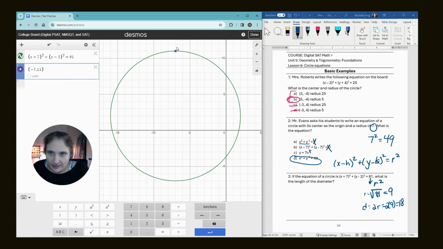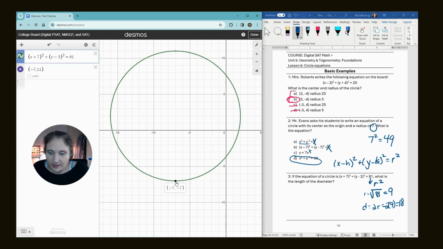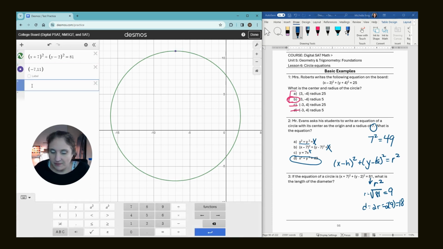And this point that's directly across it is right here. And that's (-7, -7). And then you can just count. And if you count, you get 18. You could also do 11 minus -7 and get 18 that way. But you could just count and literally be like 1, 2, 3, 4, 5, 18.